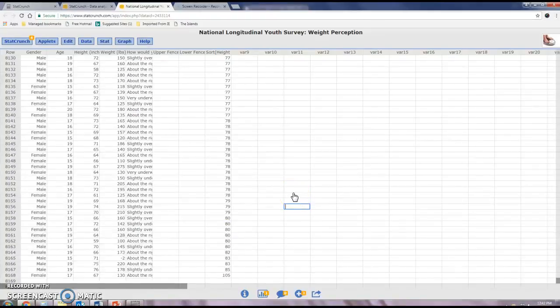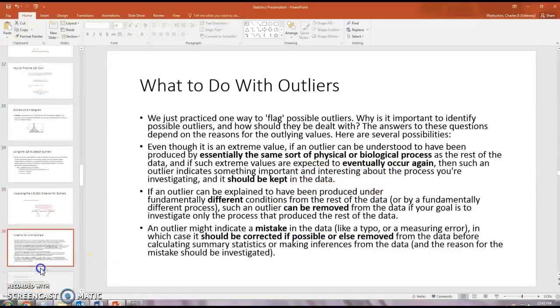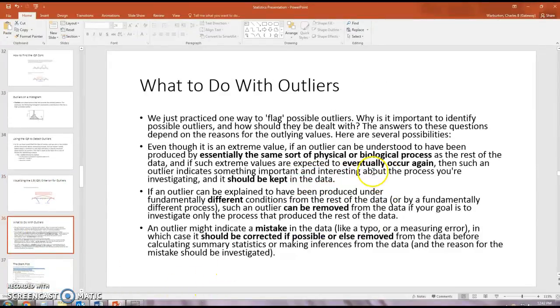So I guess the question is, what should we do with outliers? Well, if the outliers have been collected due to some sort of natural process, either physical or biological, and I would think height would definitely fall into that, then we should essentially keep the outliers. Because that just means that we have some individuals that are taller or shorter than 1.5 times the IQR.